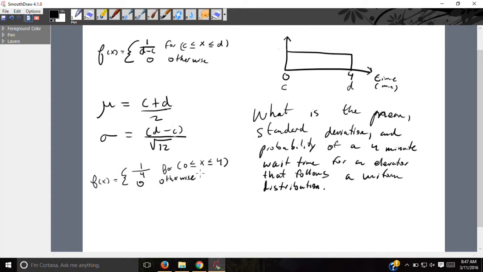Now you're probably wondering, what does that mean, 0 otherwise? If we think about it, if there is any other wait time that is past 4, the function will not occur, or our f of x, our outputs, will be 0.